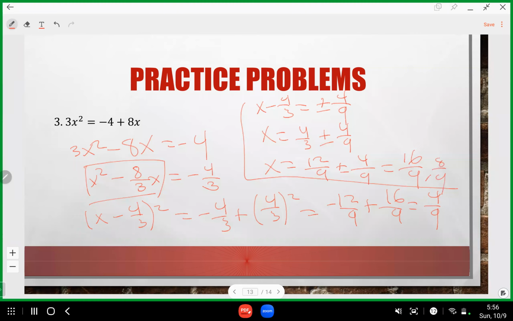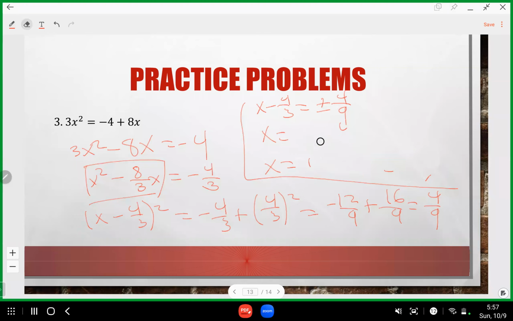No, this is not correct. All right, so let's see where we went wrong here. It's 4 over 3 squared. And then, oh, we forgot to do the square root. Okay, I see where the problem is.